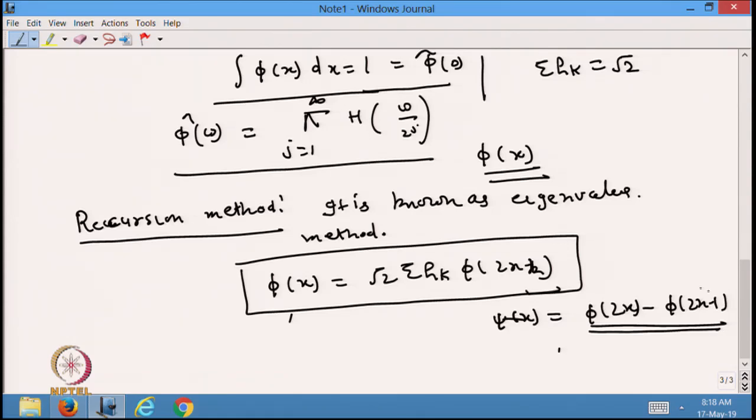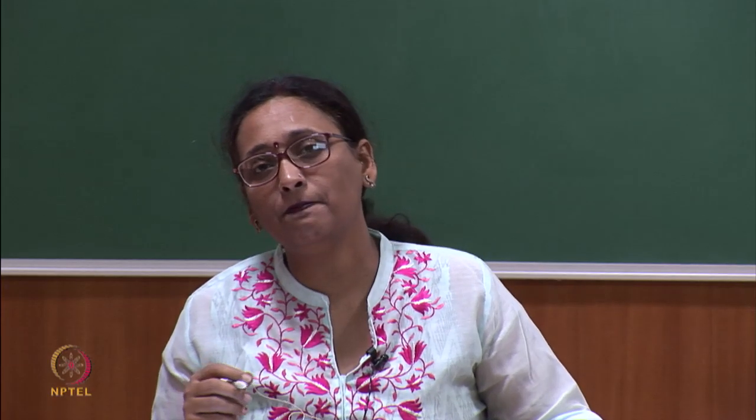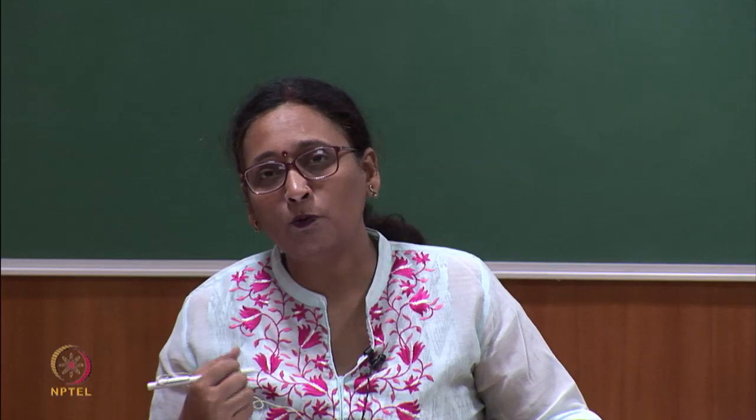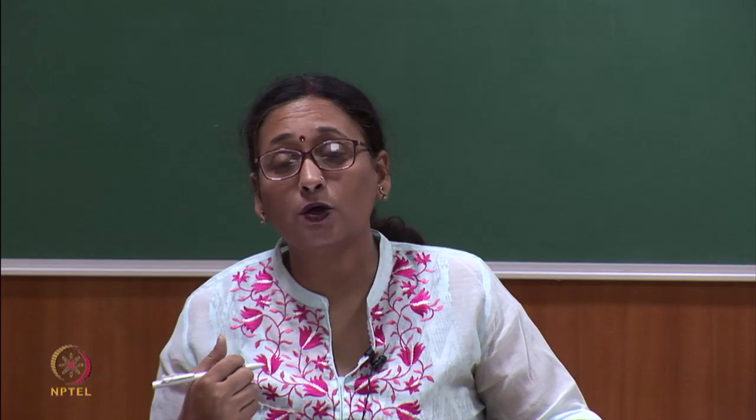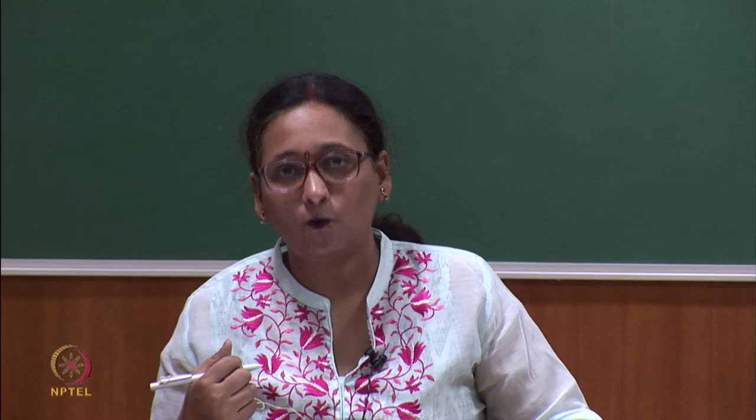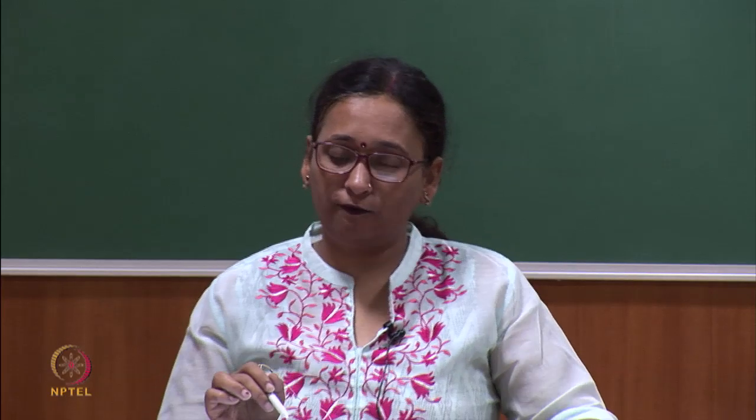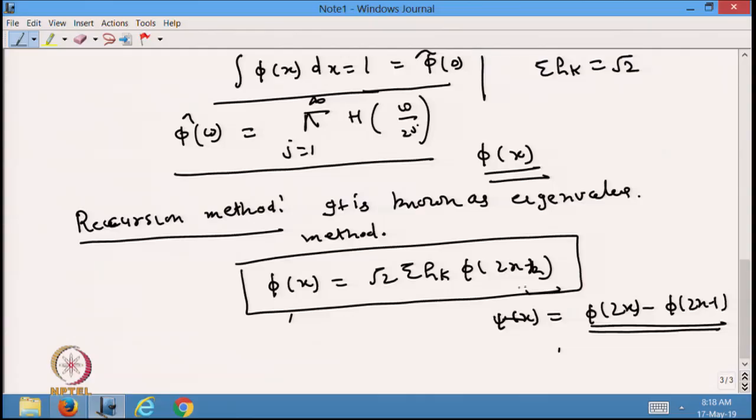This was a graphical observation, or because we knew the analytic expression, but as I keep saying, for most wavelets we do not have an analytic expression for phi. So, the only way to compute phi is with the help of this relation.